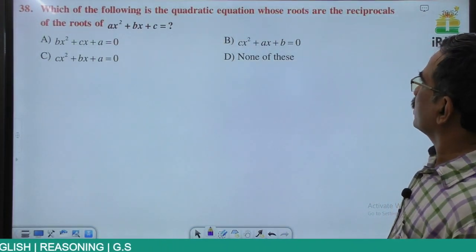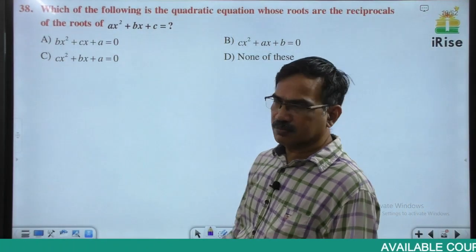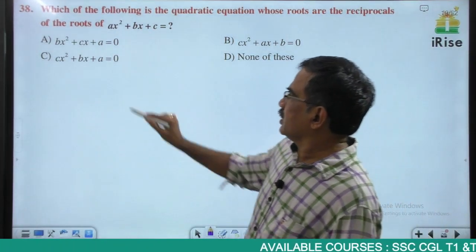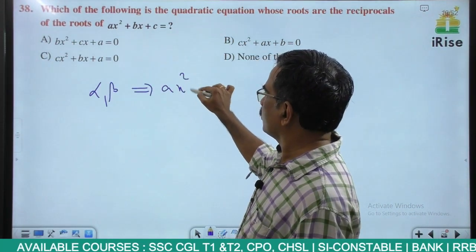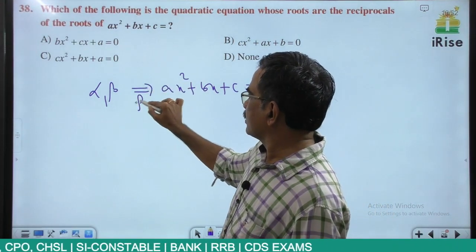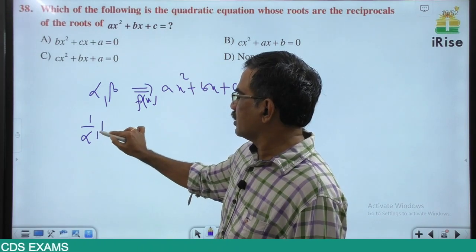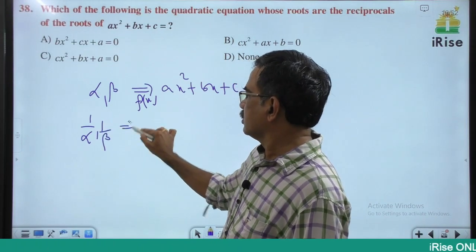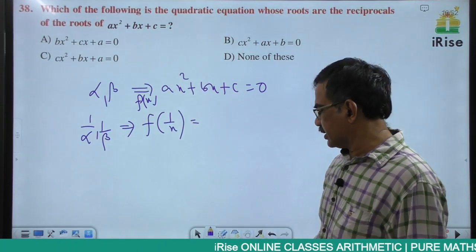Which of the following quadratic equations has roots that are reciprocals of the roots of this equation? If alpha, beta are the roots of ax square plus bx plus c is equal to 0, which is f of x, then what is the equation whose roots are 1 by alpha comma 1 by beta? This is nothing but f of 1 by x. x is replaced by 1 by x.